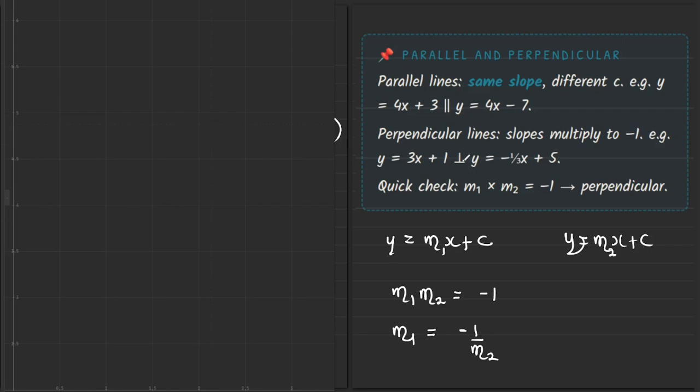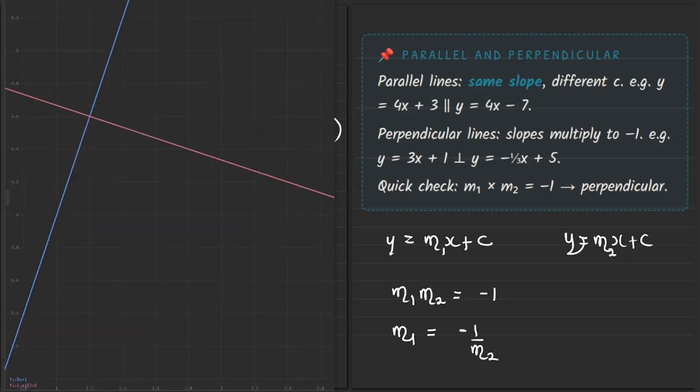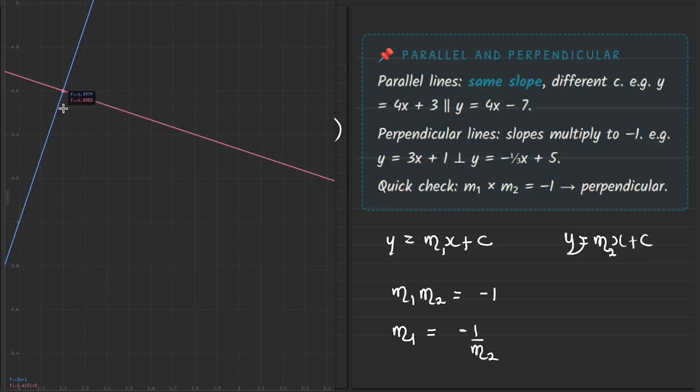So I would identify these on the graph so that you see what we are talking about. The first one being 3x plus 1. This is 3x plus 1, you see. And for -1 over 3x plus 5, this is it also over here. Now, if you take note of the angle we have here, it is a 90-degree angle.